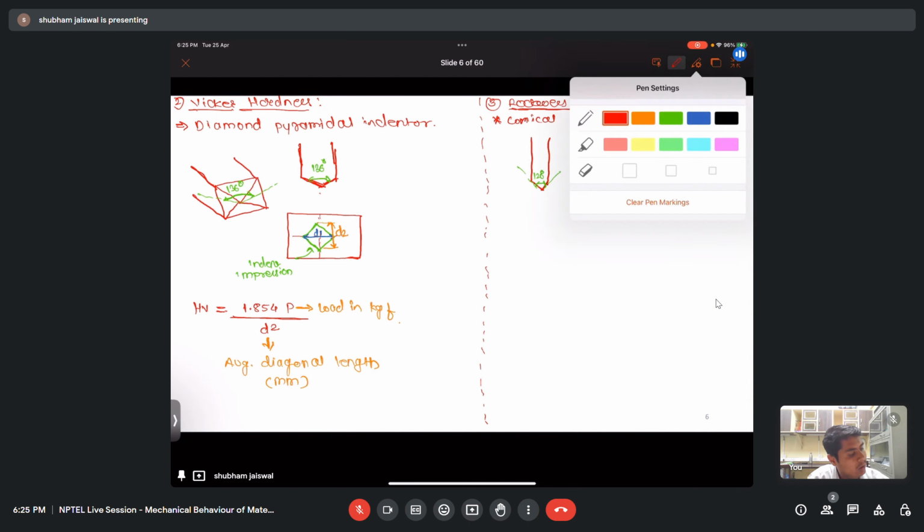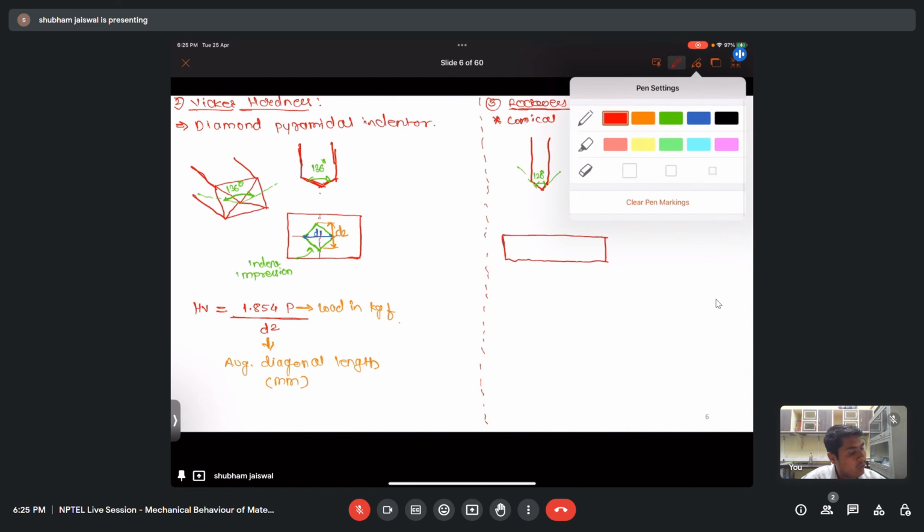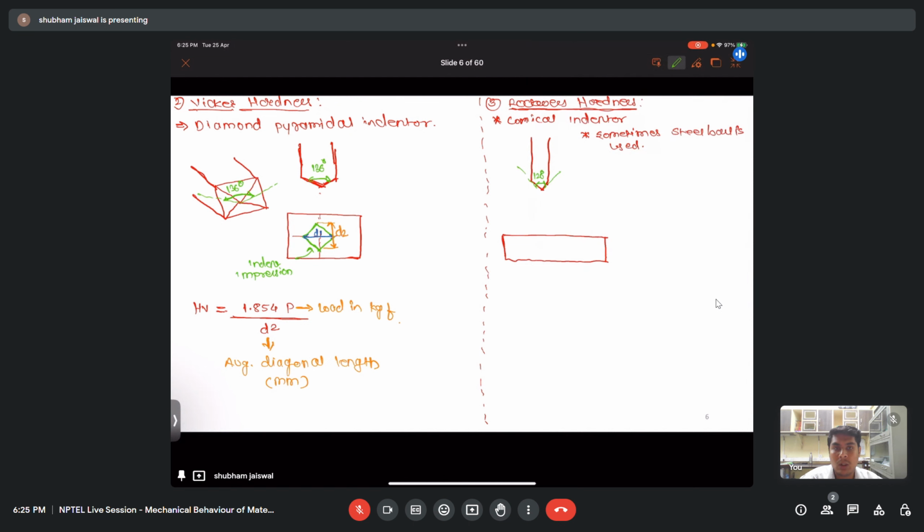Okay, so let's see how we calculate the hardness in Rockwell. Suppose this is my material, whose hardness I want to check. So what we do, we first apply a minor load on the sample. Due to this minor load, some surface irregularities will be taken care of. Okay, so in A we apply a minor load, and it will give some depth.